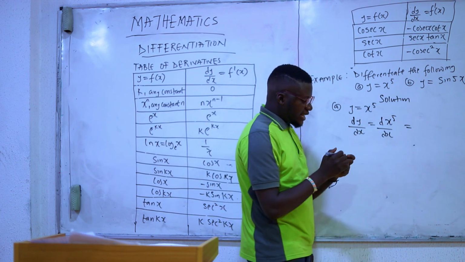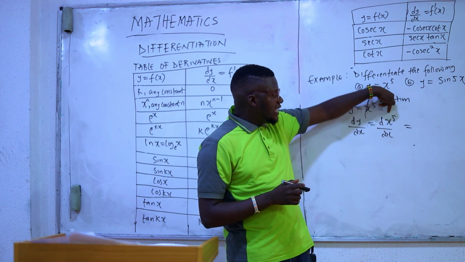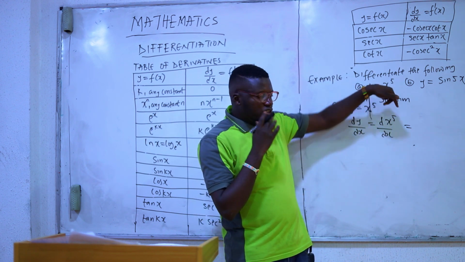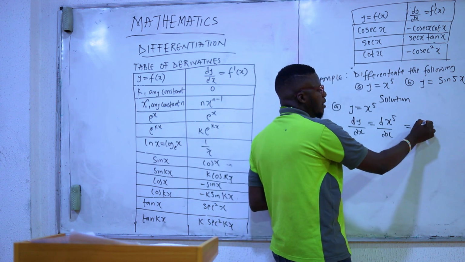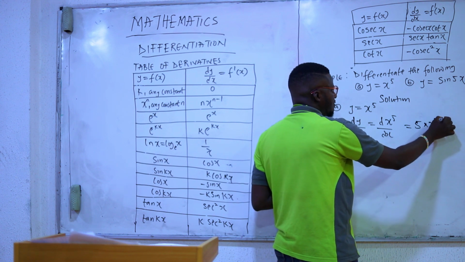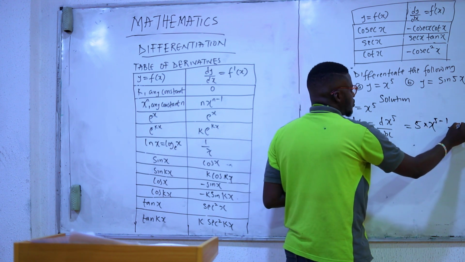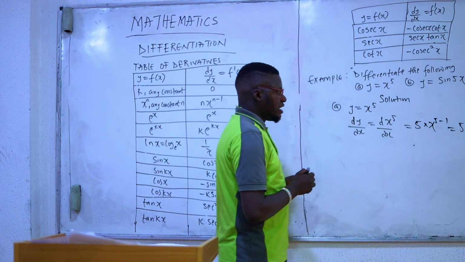As I said earlier, this is the same as x raised to the power of n, so my n here is 5. All I need to do is bring down the power, multiplied by x raised to the power 5 minus 1. So I have 5x raised to the power 4. That's my final answer.